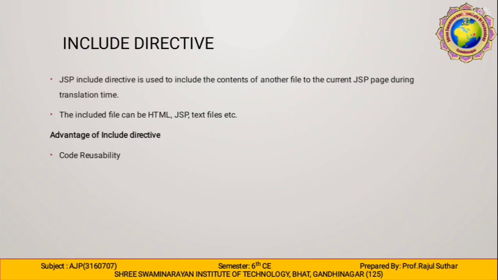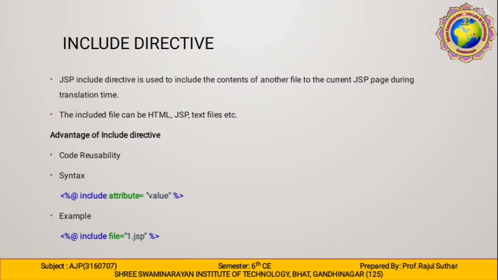What is the advantage of the include directive? It provides code reusability. Here the syntax is used like less than include attribute is equal to value. A simple example is include file is equal to 1.jsp.